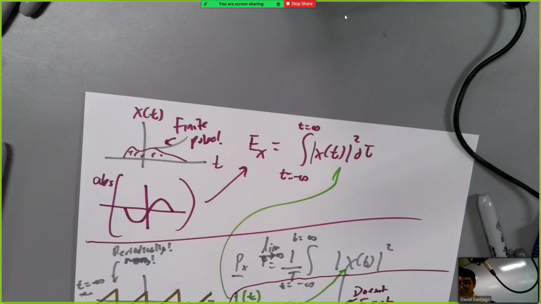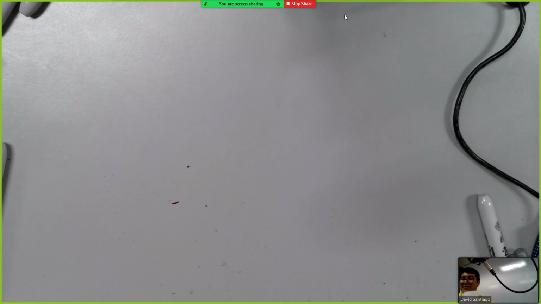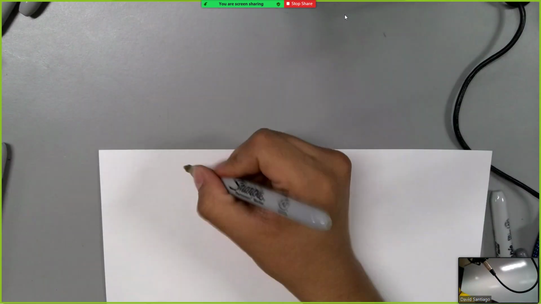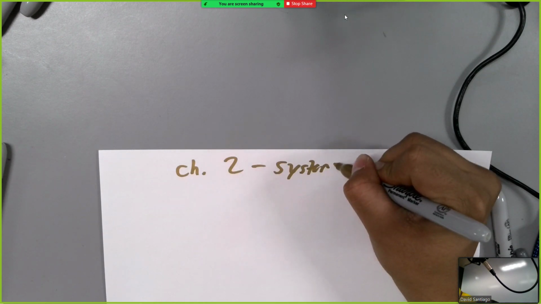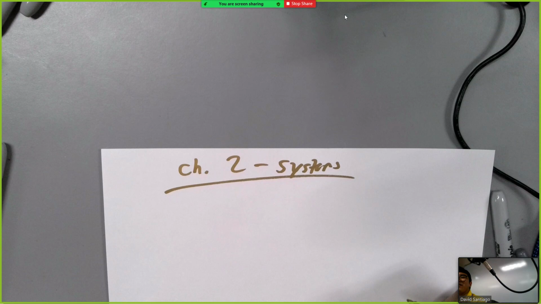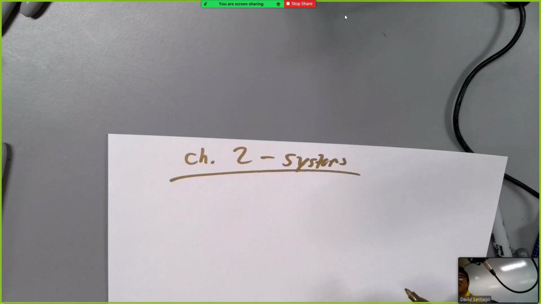All right, next page. So now let's dive into the next chapter. Hopefully we'll finish chapter 2, systems. So what do you all remember?